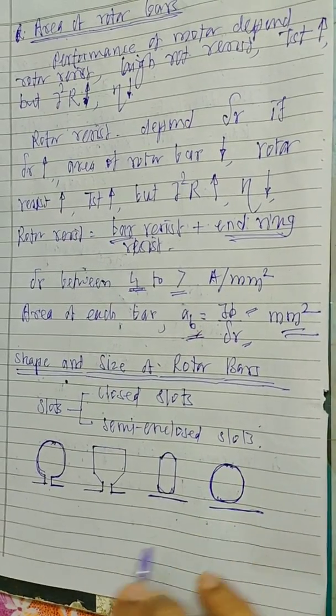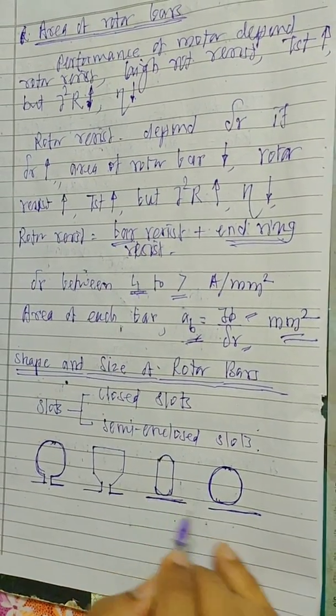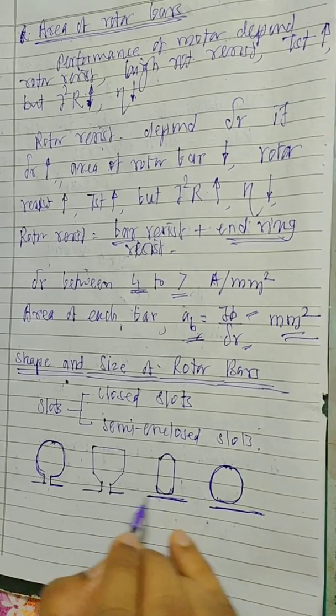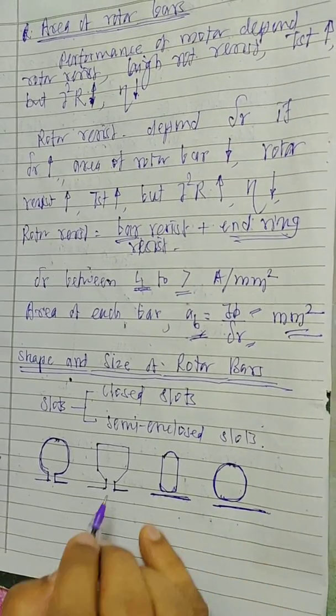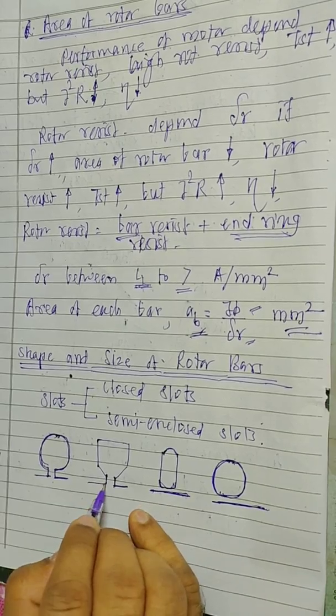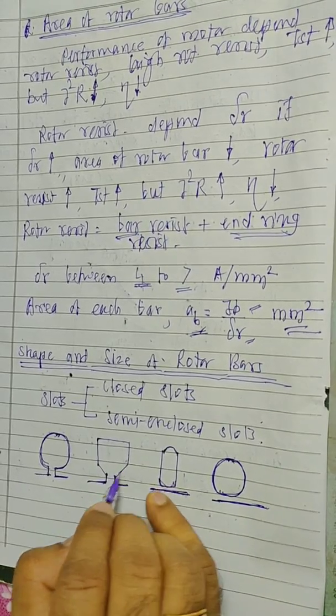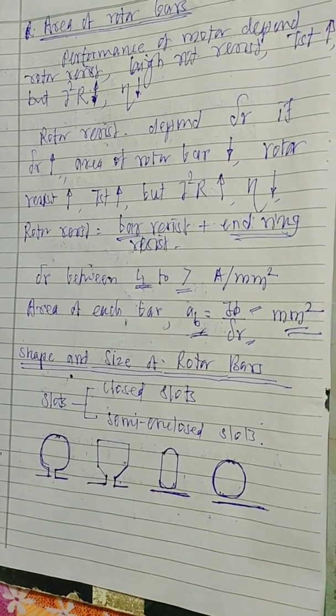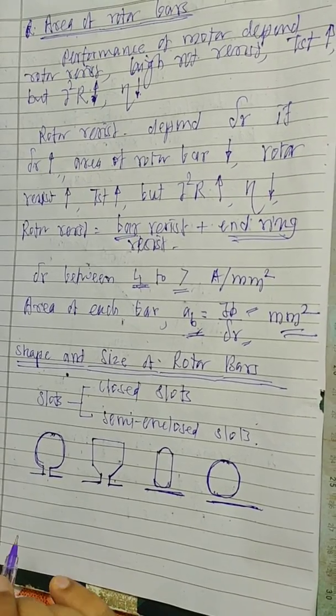This is the surface of the rotor. The surface is smooth, and here is the small slot opening. This influences the length of air gap.